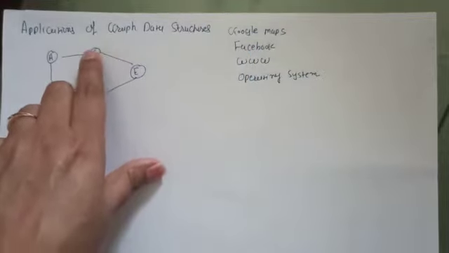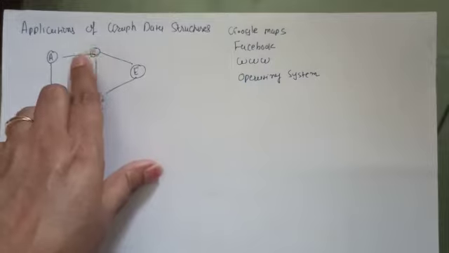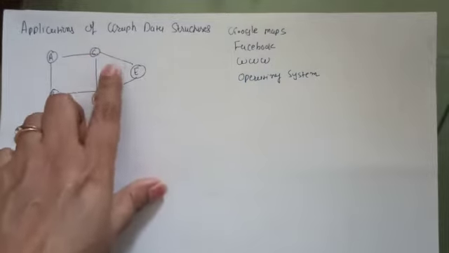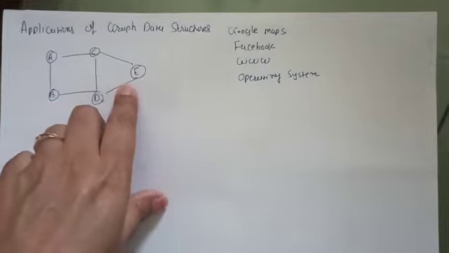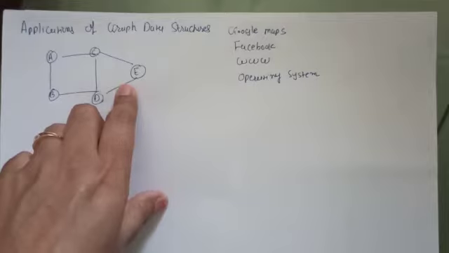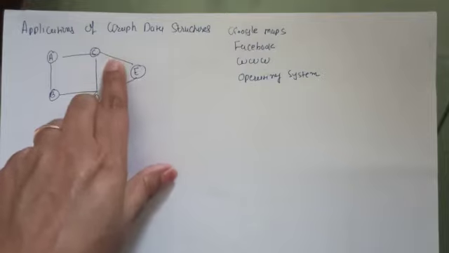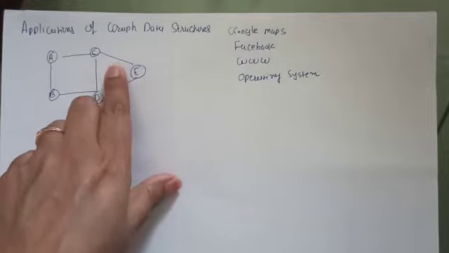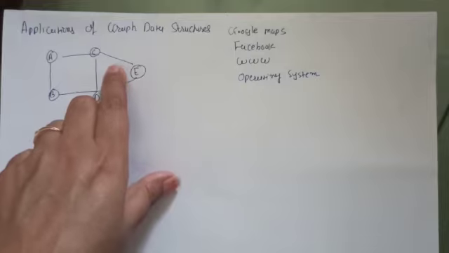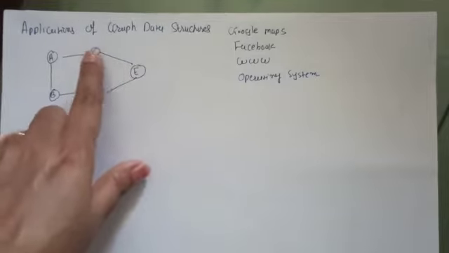For example, these are the vertices, which are nothing but intersections of two roads, and the road connecting two vertices is considered to be an edge. Thus, their navigation system is based on the algorithm to calculate the shortest path between two vertices.